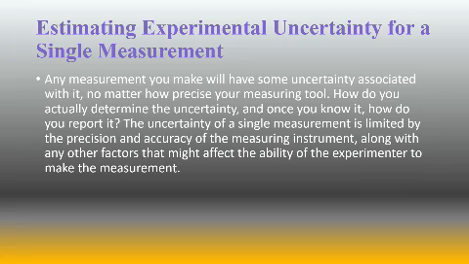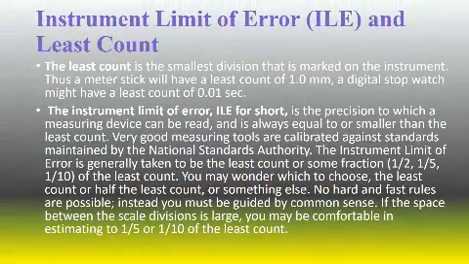If the scale divisions are closer together, you may only be able to estimate to the nearest 1 over 2 of the least count.